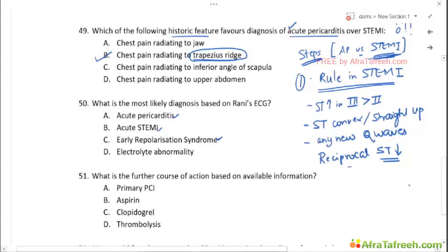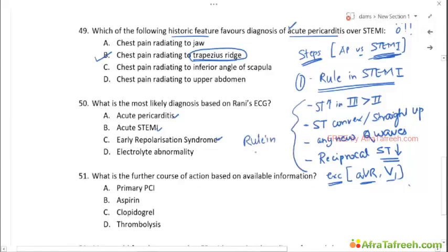Some of the leads are excused from this criteria: lead AVR and lead V1. These are exceptions. ST depression is normally seen in these leads in presence of diffuse ST elevation, so they are excused. If any of these criteria is present, you rule in STEMI.